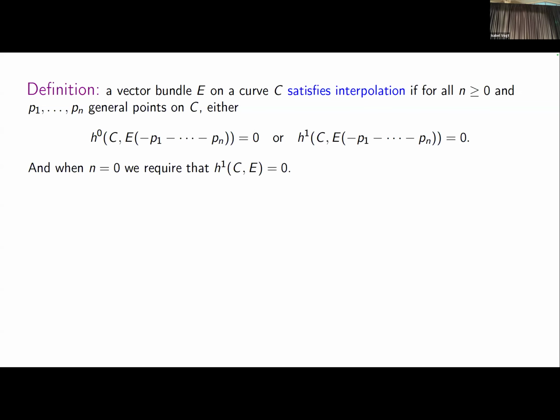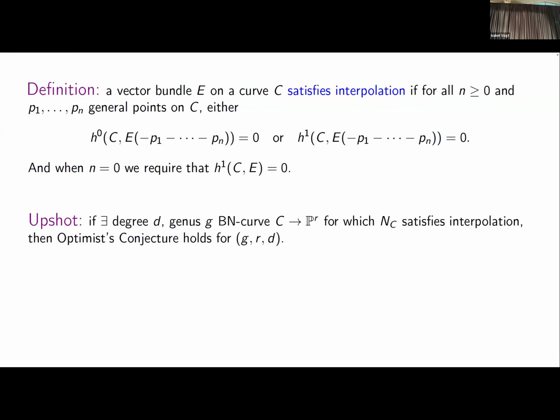So by what I said on the previous slide, hopefully you see that if I can find a single degree d, genus g, Brill-Noether curve for which the normal bundle satisfies interpolation, then when I twist down by general points, I will have no H1, so I will have no obstructions to smoothness, so I can lift my deformations, and I get dominance, I get everything I want. The optimist's conjecture holds for that. So our new goal is to study this interpolation property for the normal bundle.